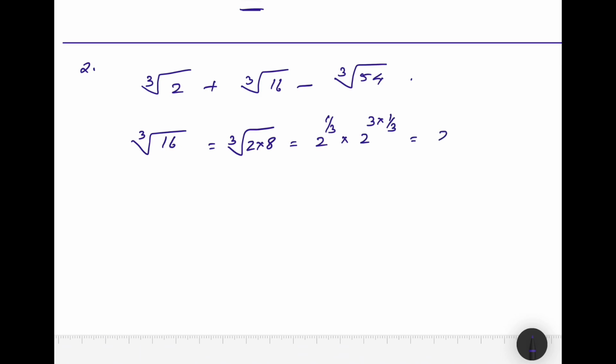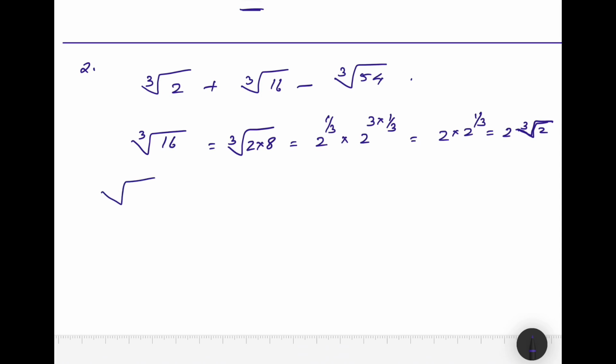So it will become 2 into 2 to the power of 1 by 3, which can be written as 2 into cube root of 2. When you write cube root of, that 3 should be inside the radical sign.